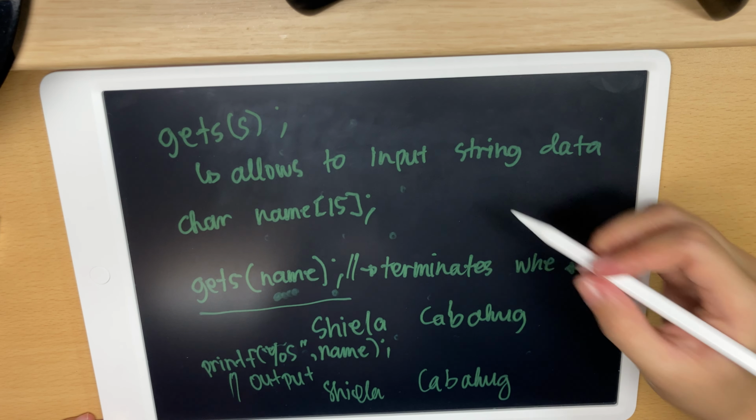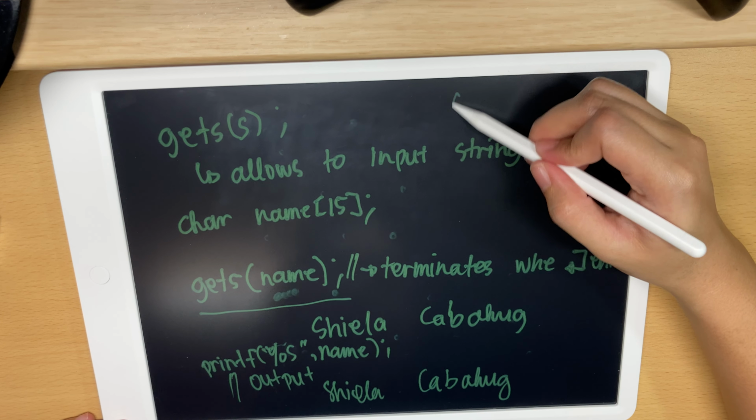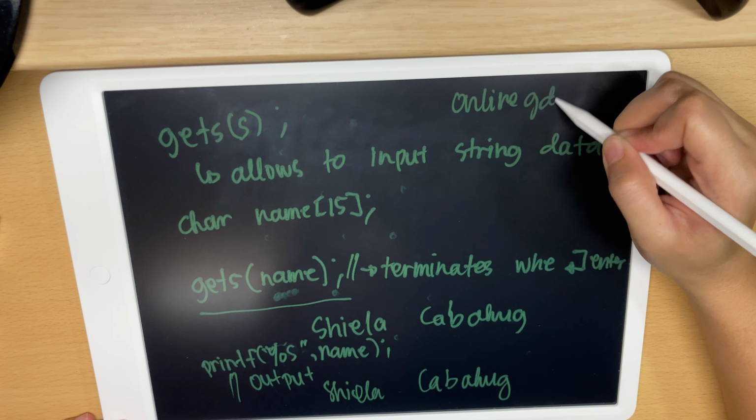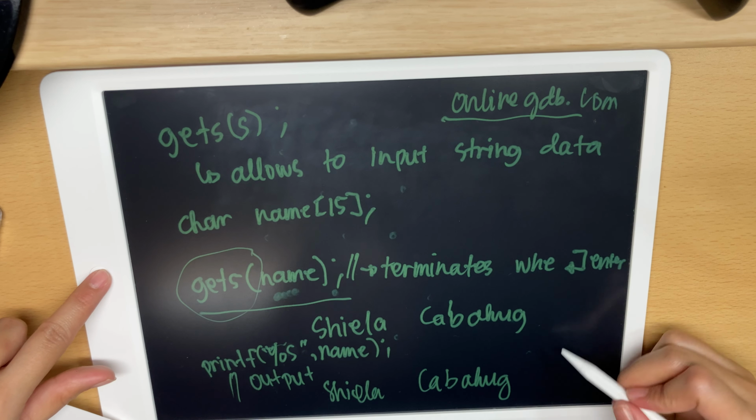And since we've been using online GDB, right, as our compiler, however, this compiler does not support gets function. So instead of online GDB, we're gonna use another compiler. It's still online, though you can use as well devc.